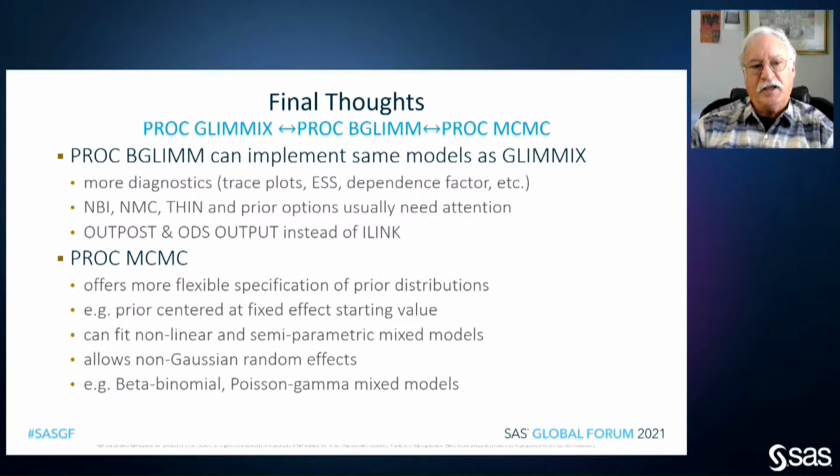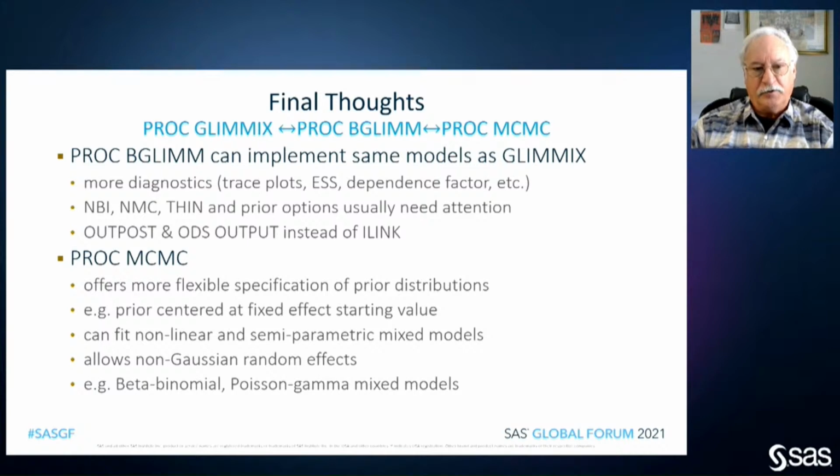Now, the last thing is, a lot of people will ask, how does BGLIMM compare with PROC MCMC? You could do all the models that we talked about here, plus the beta binomial model that we talked about earlier with PROC MCMC. MCMC offers a lot more flexible specification of prior distributions.